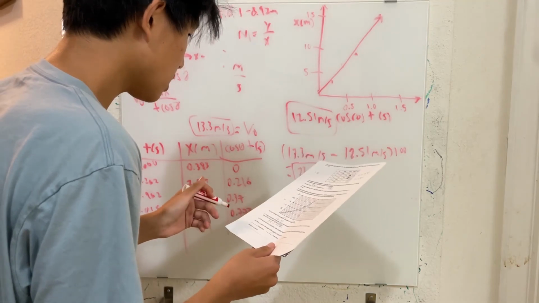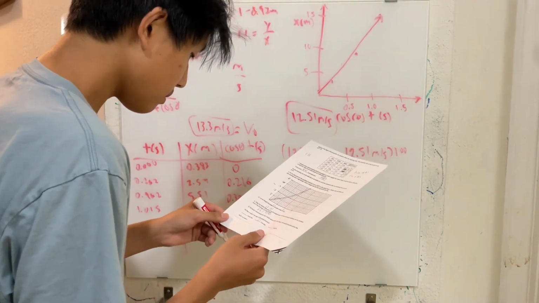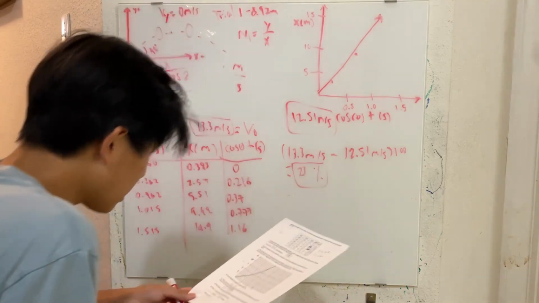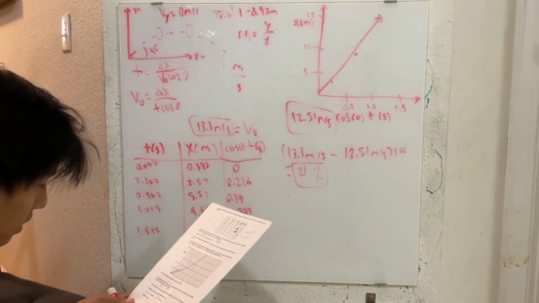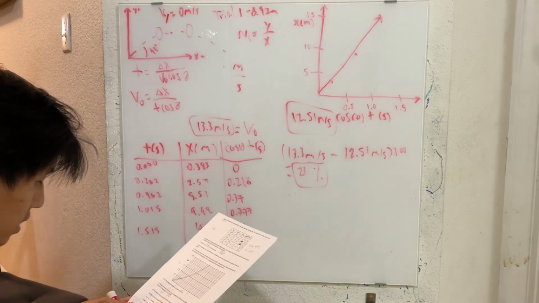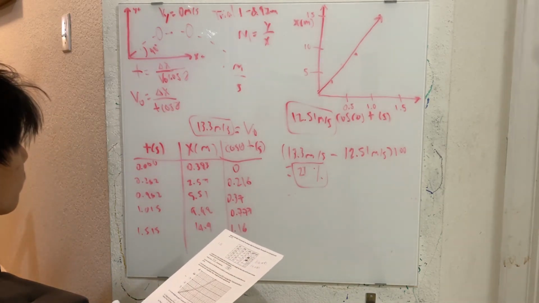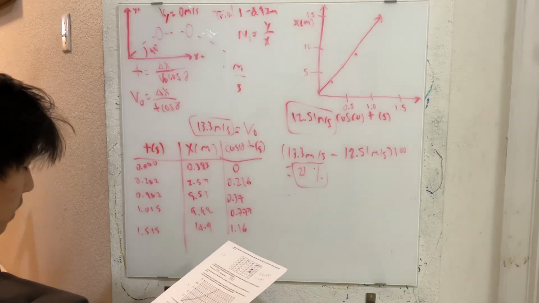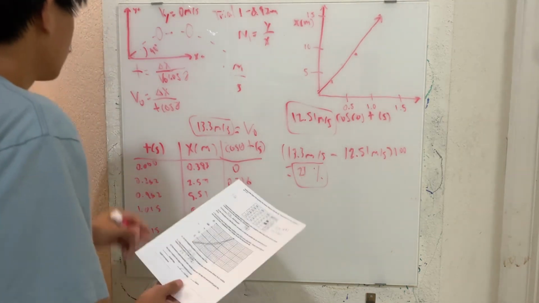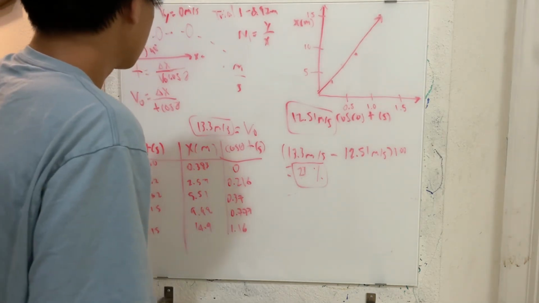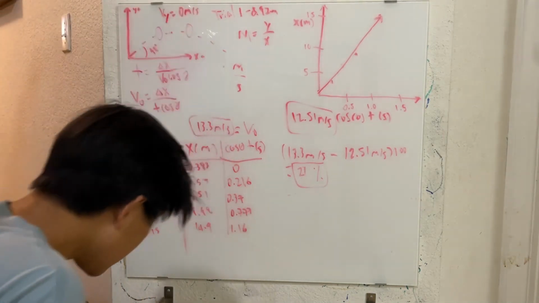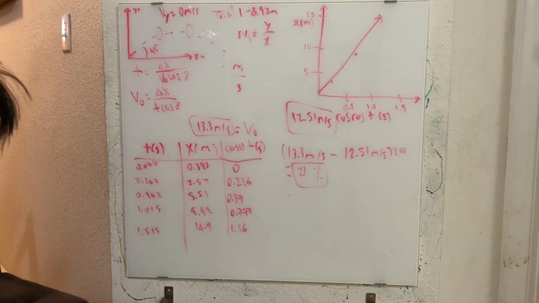And then the final question is they launch a second projectile with a smaller launch angle. Is the range of the second projectile greater than, less than, or equal to that of the original projectile? Well, if the angle is smaller, that means it doesn't go up as high in the y direction, meaning it also does not have as much time to stay up in the air.